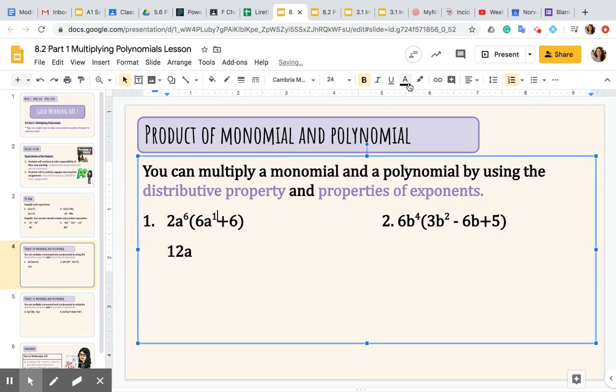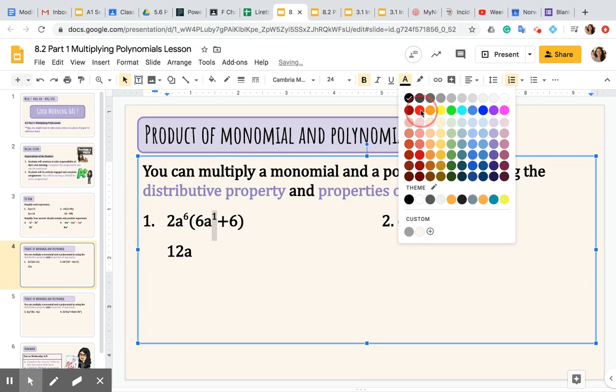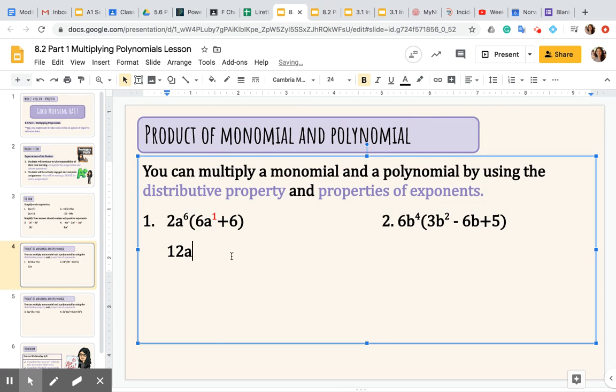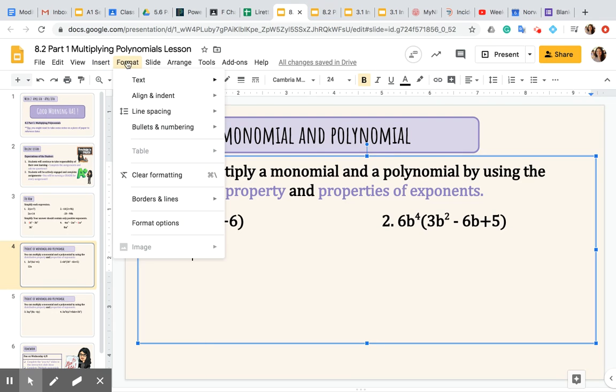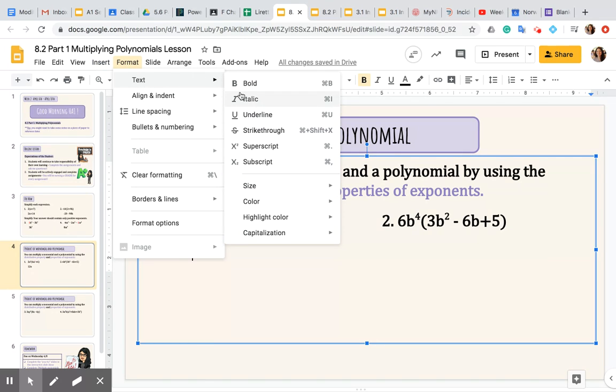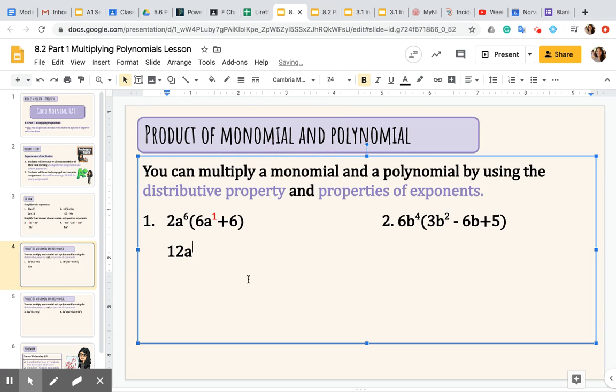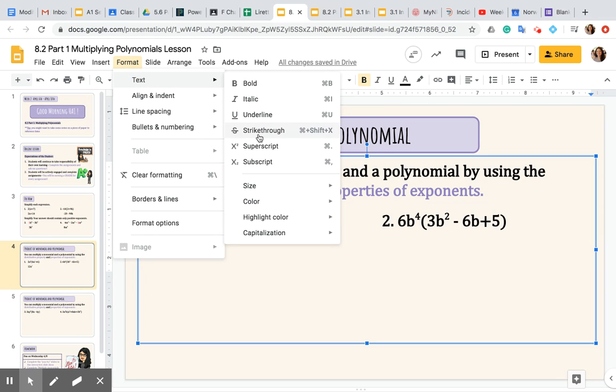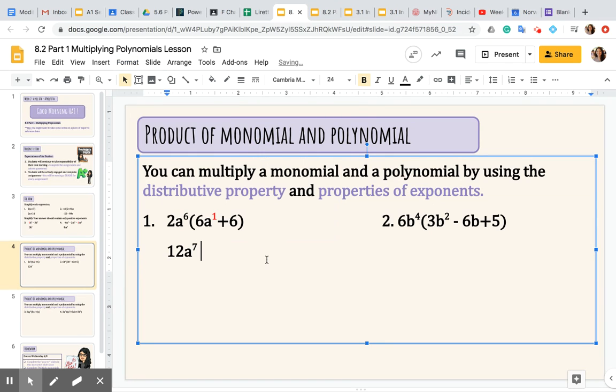I'll make it red so that way we know that that's something I added in. So 6 plus 1 is going to give me 7. Let me go to my superscript. There we go. And now I also have to turn it off, otherwise it's going to stay on.